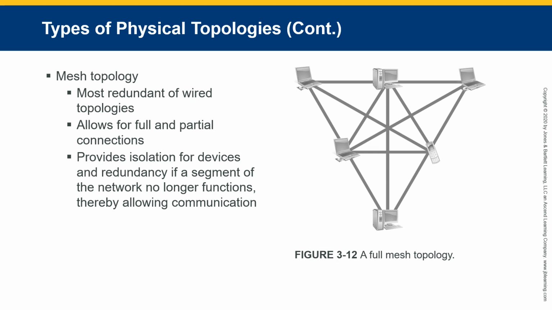Essentially, every device would have, like this laptop up in the upper left hand corner would have to have three network cards. The one at the top of the triangle would have five network cards in it. The laptop on the right, three. The laptop in the left middle would have five also.